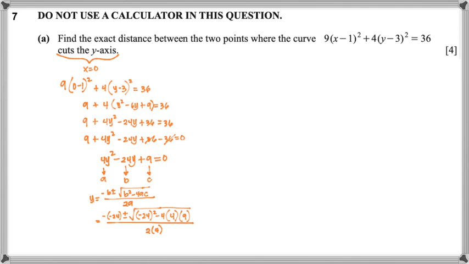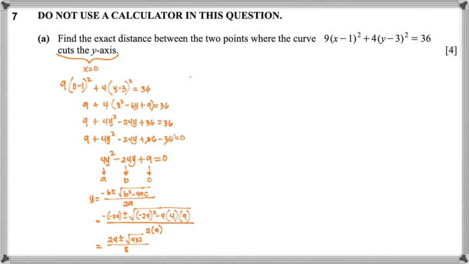Continuing, we'll get 24 plus or minus the square root of the discriminant, which is 24 squared minus 4 times 4 times 9, so 432, over 8. There are two possible values of y here.